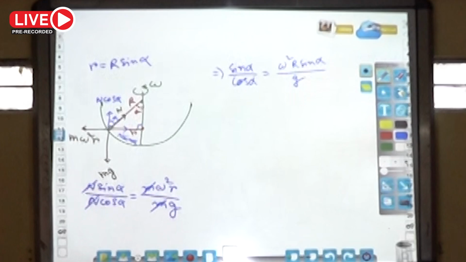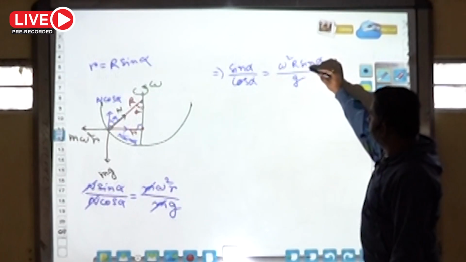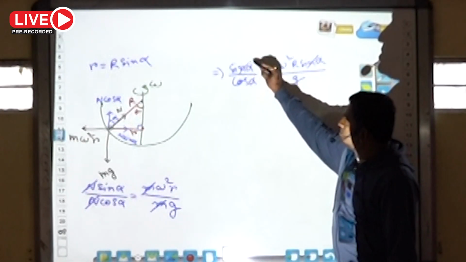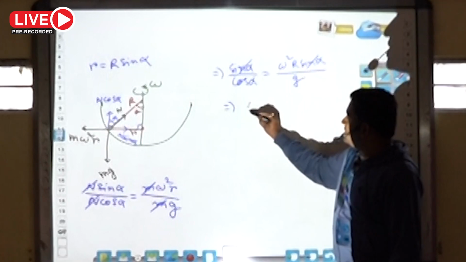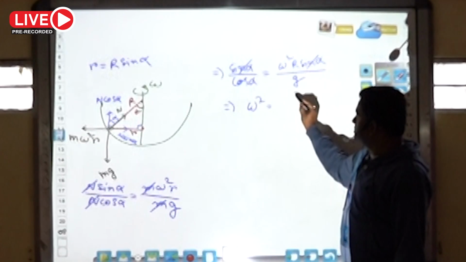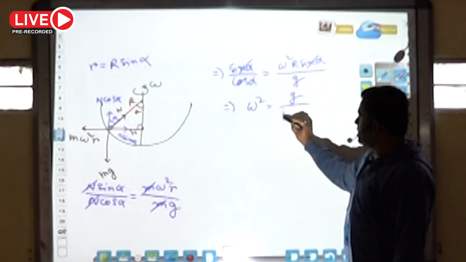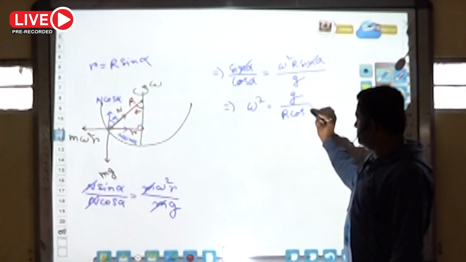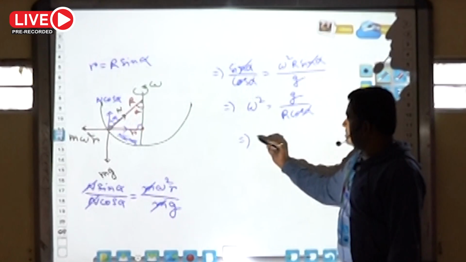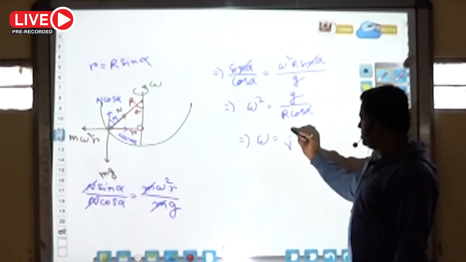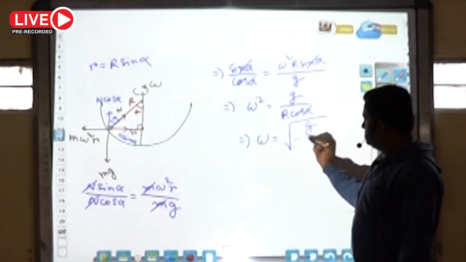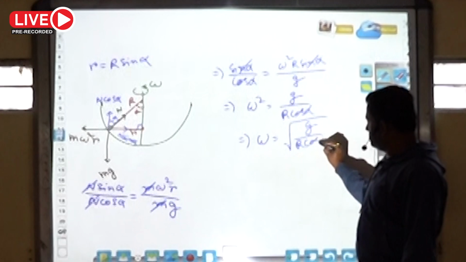From that find omega. The sin alpha cancels, so omega square will be g by R cos alpha.